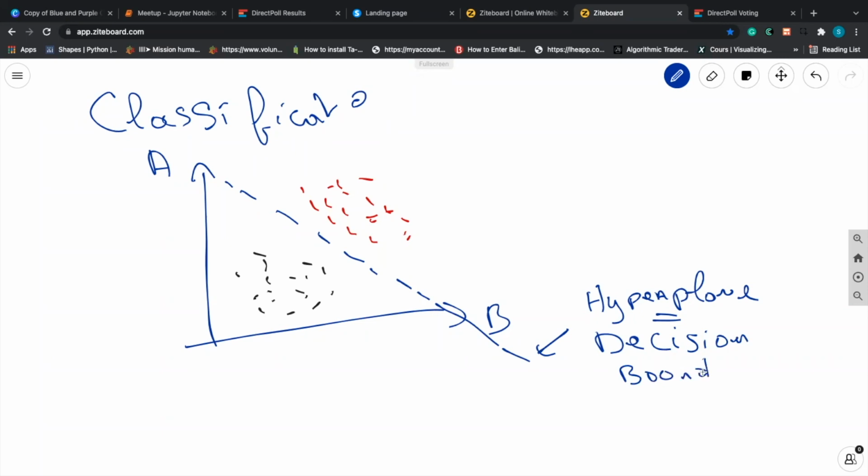And the decision boundary in this type of classification, which is a binary classification, has a formula for your hyperplane that is going to be something like ax plus b.